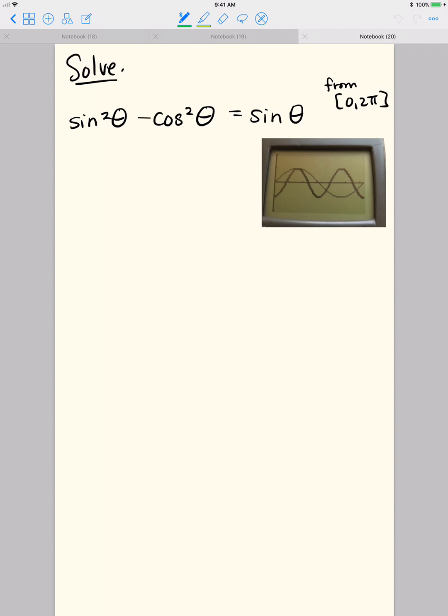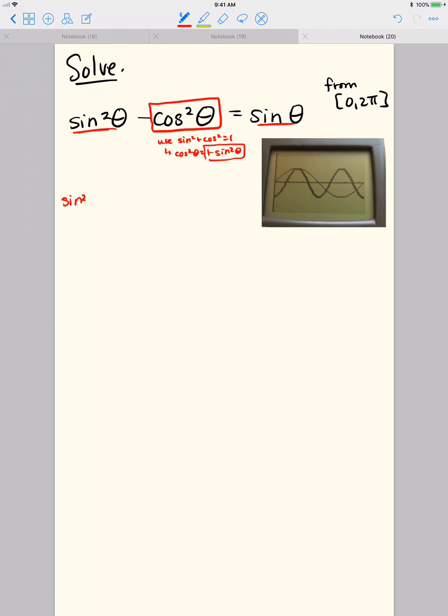So what we can do here, because there's a sine squared and a sine, you want to try to rewrite the cosine squared into something that has sine values. So we can use the fact that sine squared plus cosine squared equals 1 and turn that into cosine squared equals 1 minus sine squared, and we can substitute that quantity, which has a sine squared in it, which we already have one of.